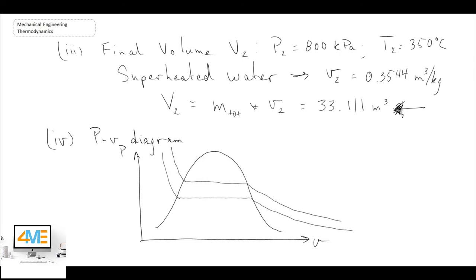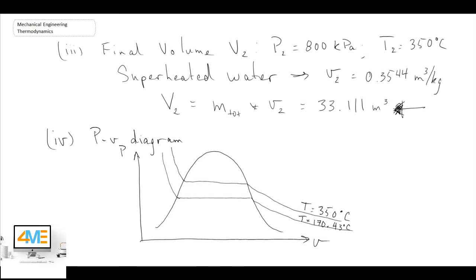So what I've drawn here are two different isotherms. One is at 170.43 degrees C, and the other one is an isotherm at 350 degrees C.